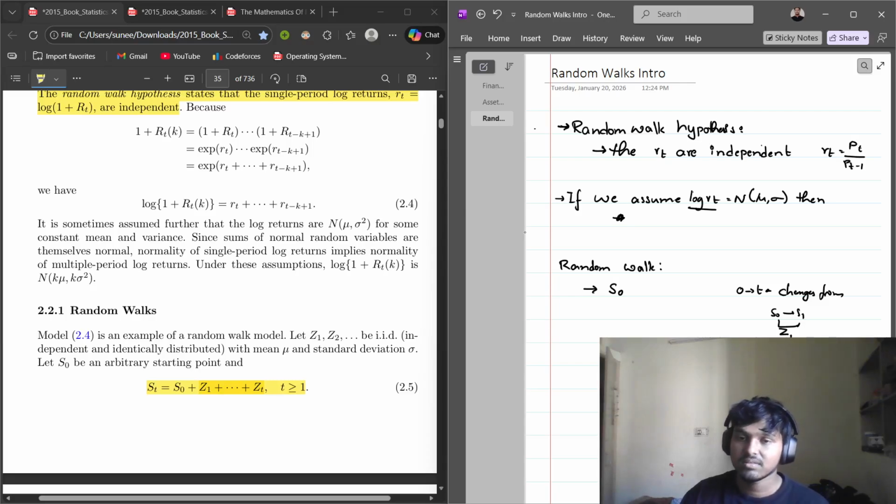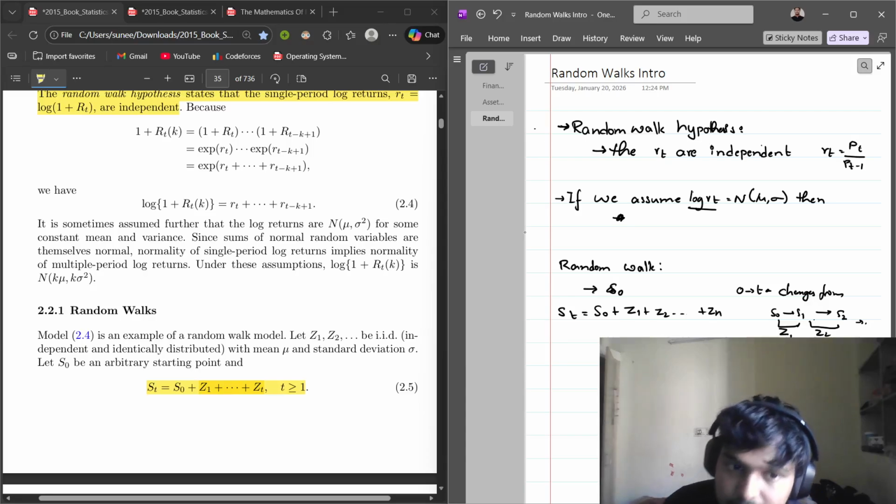Then if we do that for longer times, we get the state S_T, which would be S_0 plus the sum of the Z's, up to Z_T.